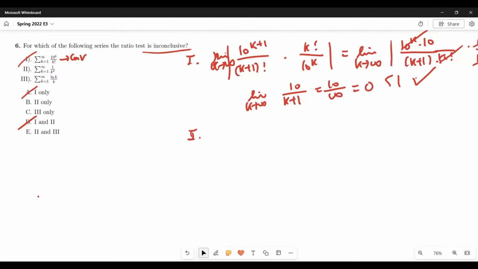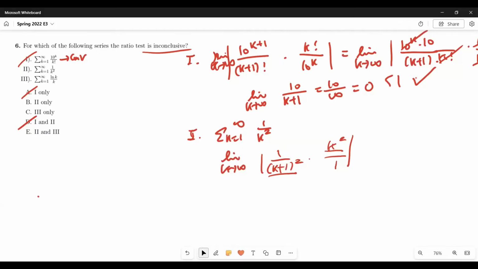For 2, we check the sum from k equals 1 to infinity of 1 over k squared. So we're going to check the limit as k goes to infinity, where you plug in the k plus 1 term, not add plus k plus 1, but plug in the k plus 1 term and then divide it by the k term. So 1 over (k+1) squared divided by the original and multiplied by the reciprocal. This becomes k squared over (k+1) squared.